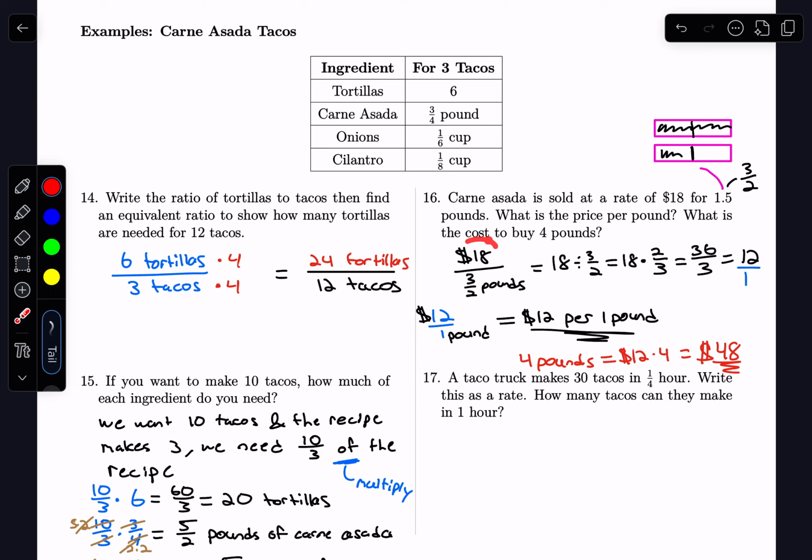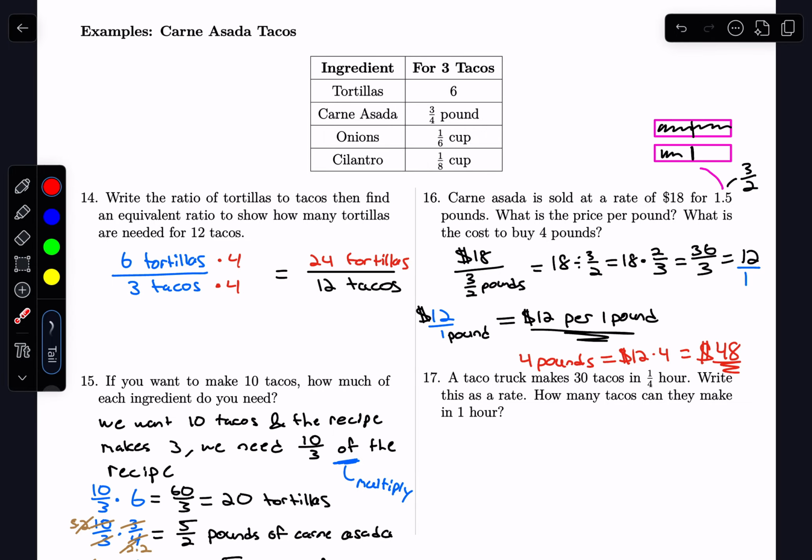We could have taken the ratio 18 divided by 3/2 and converted it to be 48/4, where we would have put 4 pounds on bottom and then found out what we need to multiply by in the middle. So whether we do it the way we did in 14, or we divide first to get 12, and then multiply 12 by 4, either way we end up in the same place. That 4 pounds is $48.